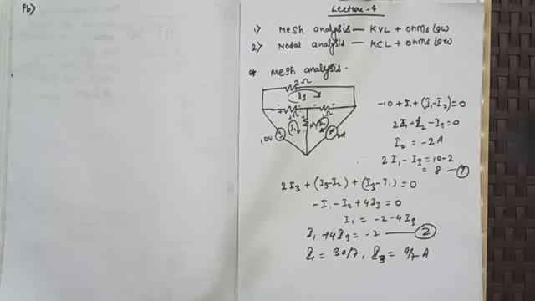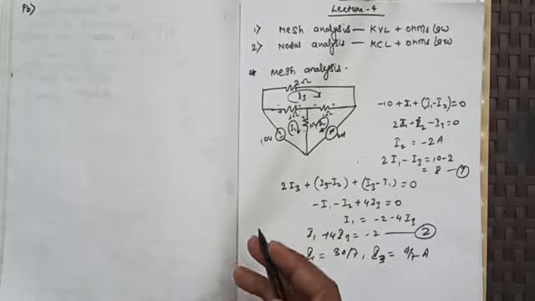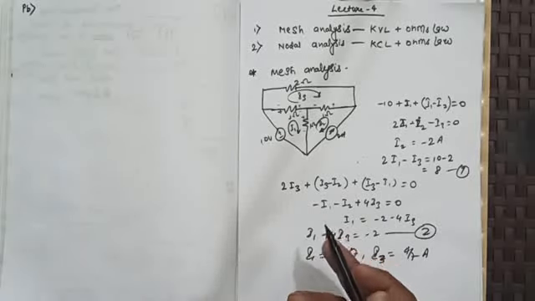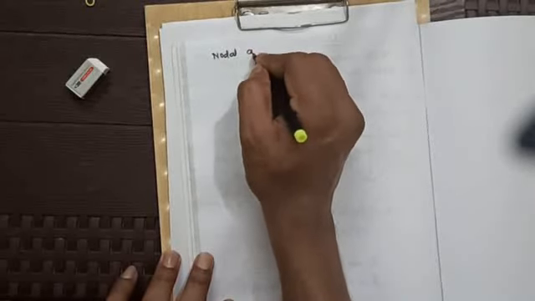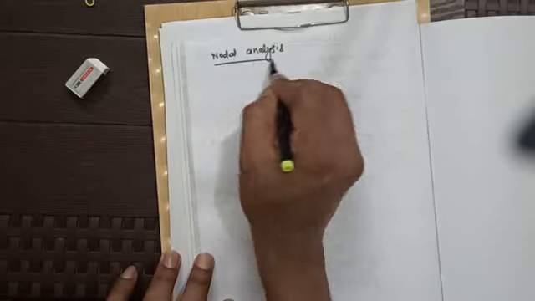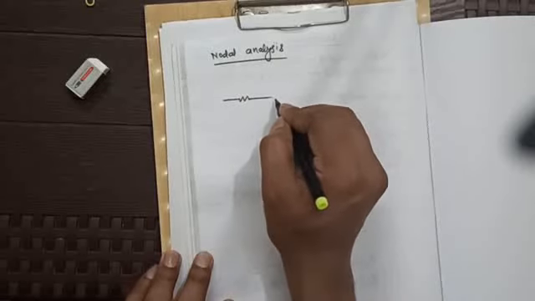Now we have to solve this problem. We have to do nodal analysis in the same problem, right? Now we will do nodal analysis, right? So for that we have to redraw the circuit.